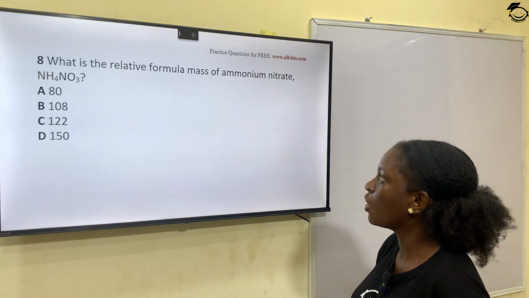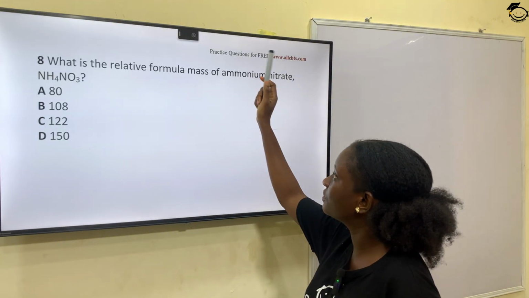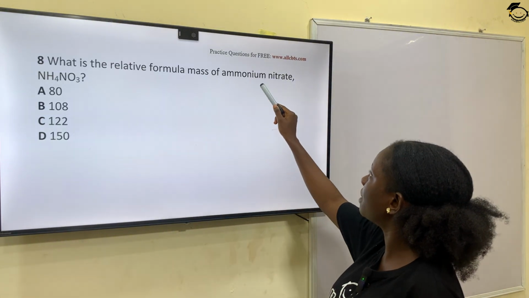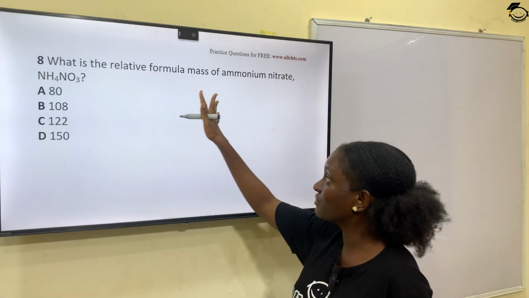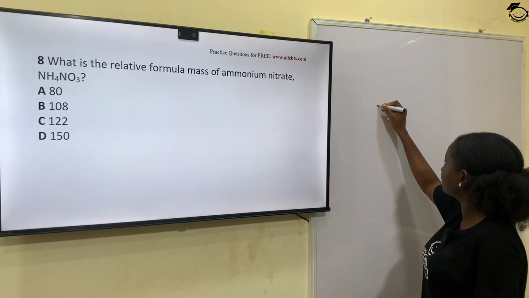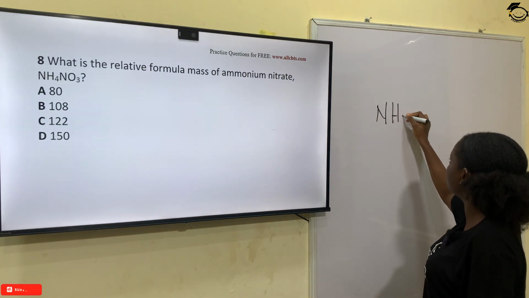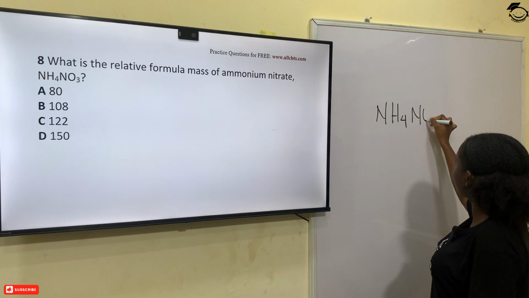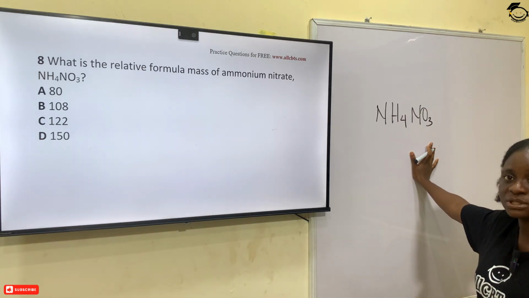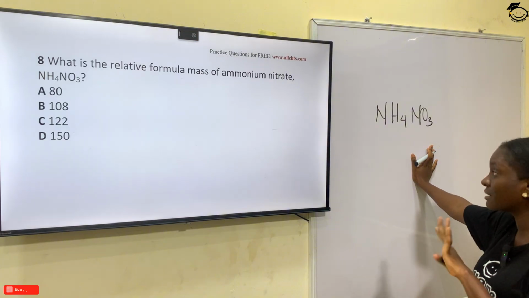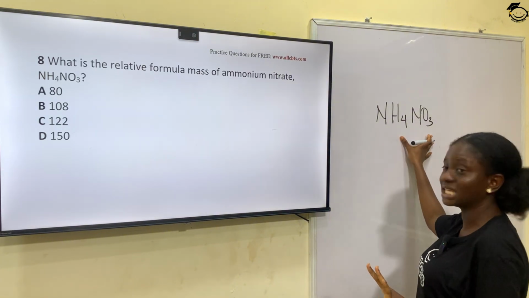Question 8. What is the relative formula mass of ammonium nitrate? So we have to calculate the relative formula mass. This is the formula for ammonium nitrate. To calculate the relative formula mass, we need to know the atomic masses of each of the elements.